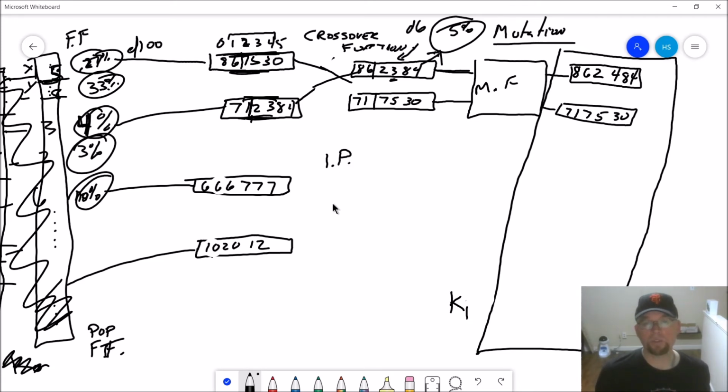How many individuals are in your initial population? That's one: 50,000, maybe 10,000, 20,000. The crossover, where or how you decide to do the crossing over, that's another thing.